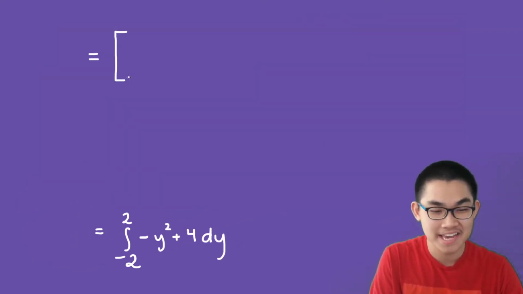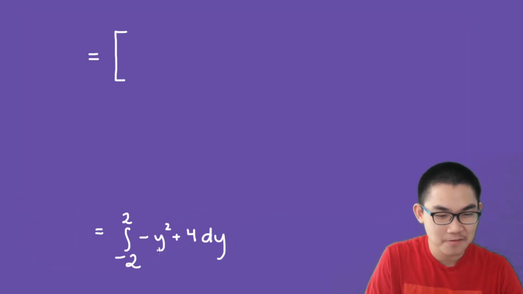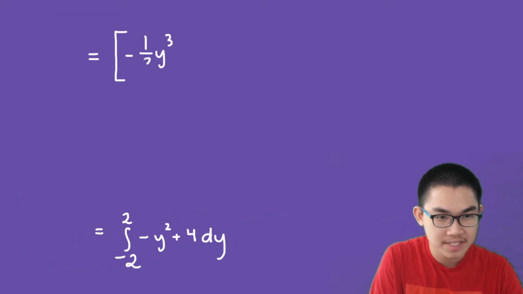Let's simplify it. So negative y squared integrated, this is going to be 3, and we have to divide by that exponent. So we're going to get negative 1 over 3 times y to the power of 3. And 4 integrated with respect to y is going to be 4y. And don't forget the upper bound is 2.